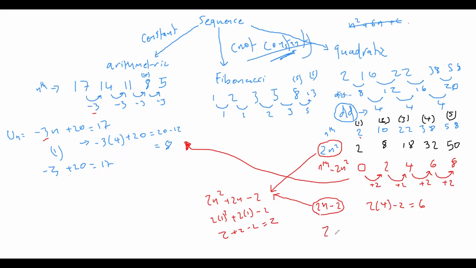Let's do 2 times 4 squared plus 2 times 4 minus 2. 4 squared is 16, times 2 is 32, plus 8 minus 2. That's going to give us 38. We know that's correct. Now you know the difference between each of the sequences and how to determine which one's which.